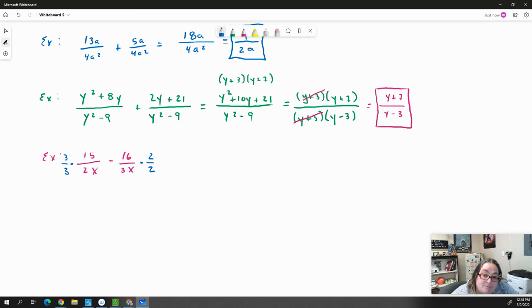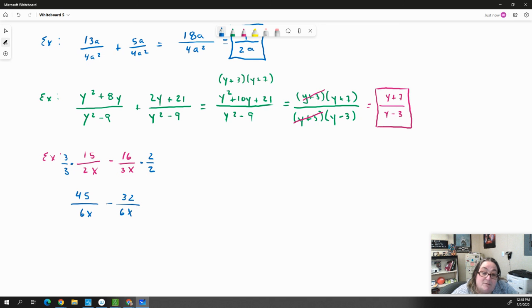So 15 times 3 is 45. 2 times 3 is 6, so this is going to be over 6x. Minus 16 times 2, that's 32, over 3x times 2, which is also 6x.